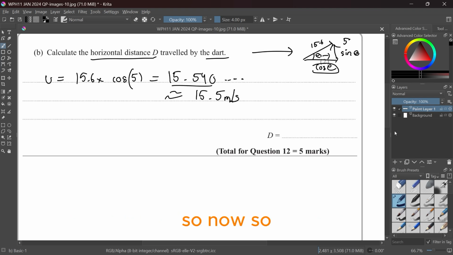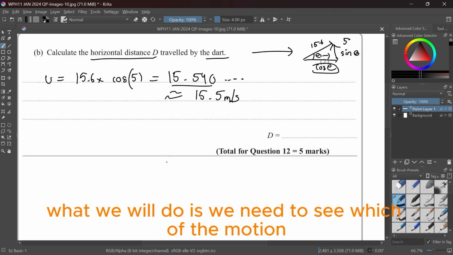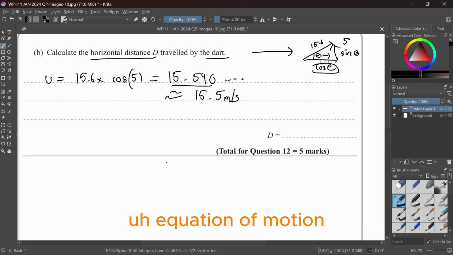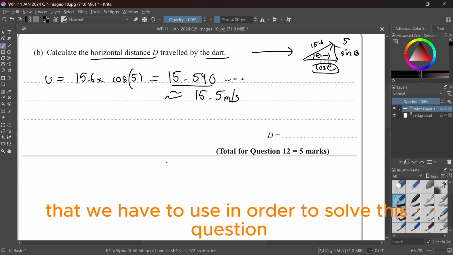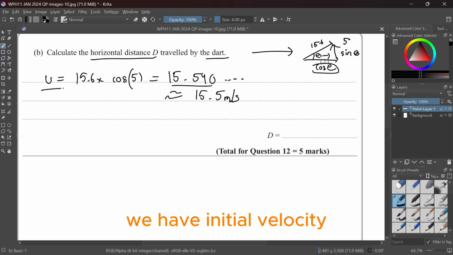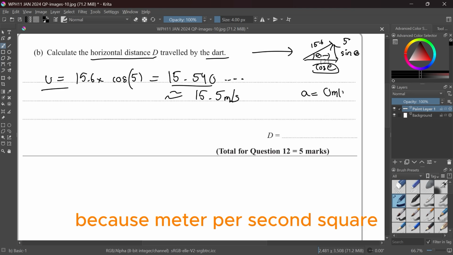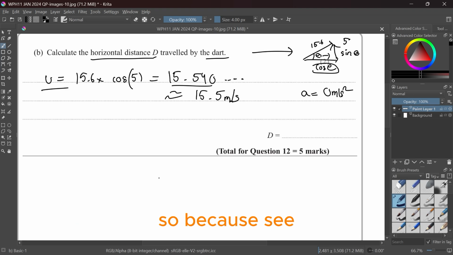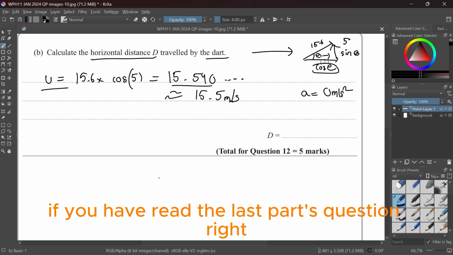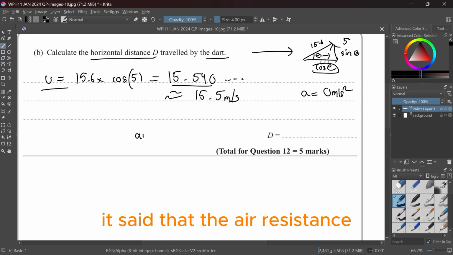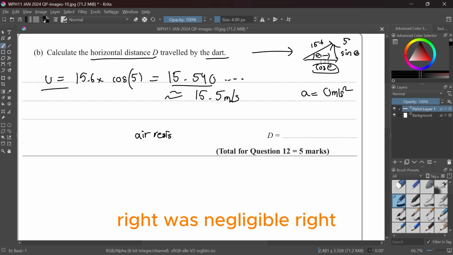Now what we need to see is which equation of motion we have to use to solve this question. We have the initial velocity, and our acceleration will be 0 meters per second squared. Why? If you have read the last part's question, it said that the air resistance was negligible.